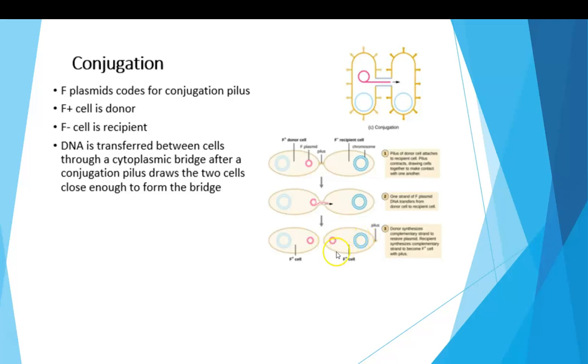Gradually the number of bacteria that are antibiotic resistant increases, and then we have to find new antibiotics, or we have to use a combination of antibiotics to attack these bacteria.